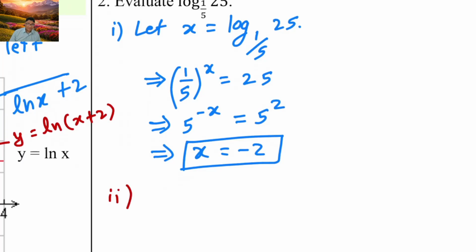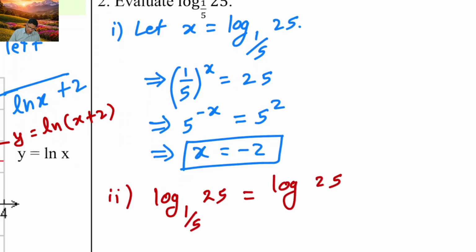And the second method was the change of base formula that we applied. So log of 25 base 1/5 will be log 25 in any base, right? So I'm going to choose base 5, and log 1/5 in the denominator, same base 5.